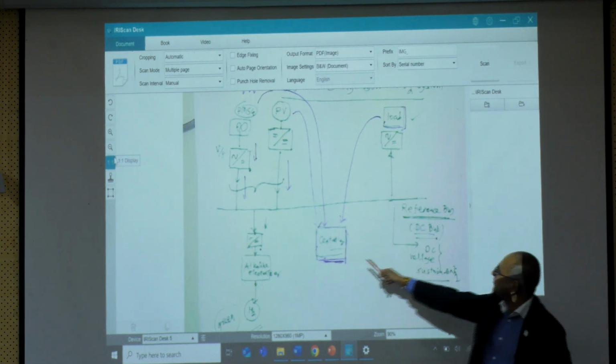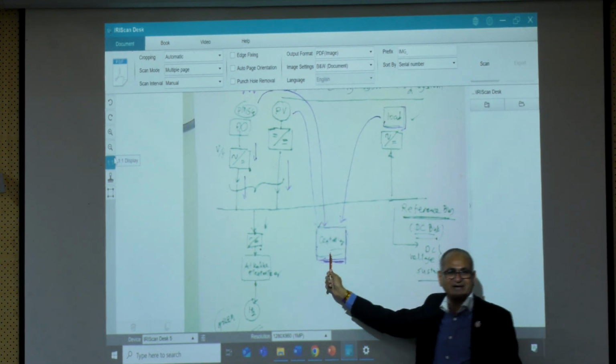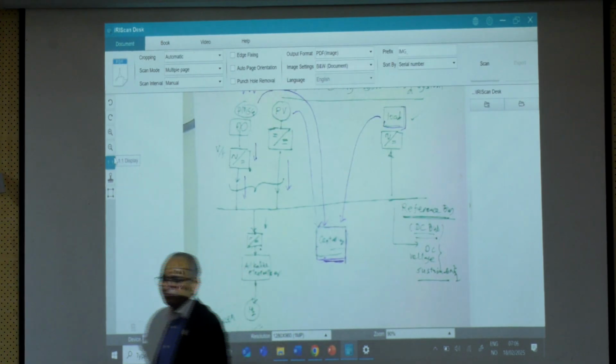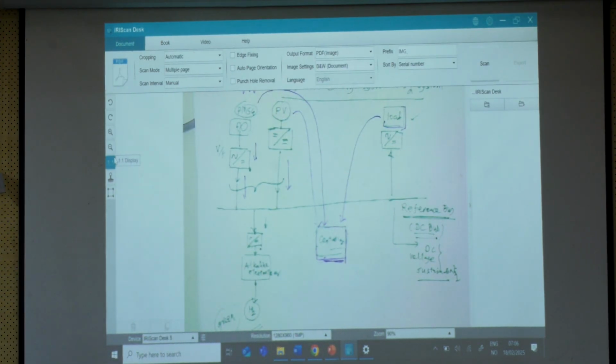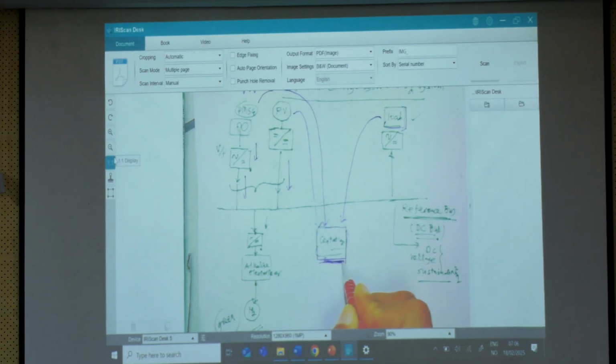That information will be required by this controller. After getting this information, the duty of this controller is to develop some output signals. For what purpose?